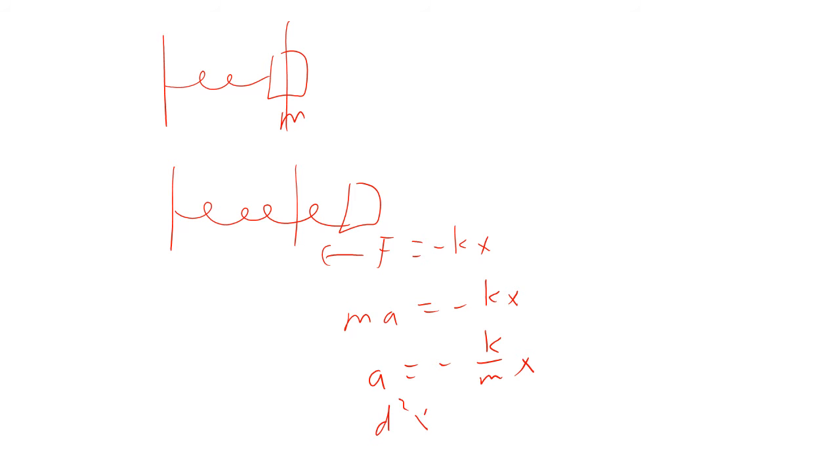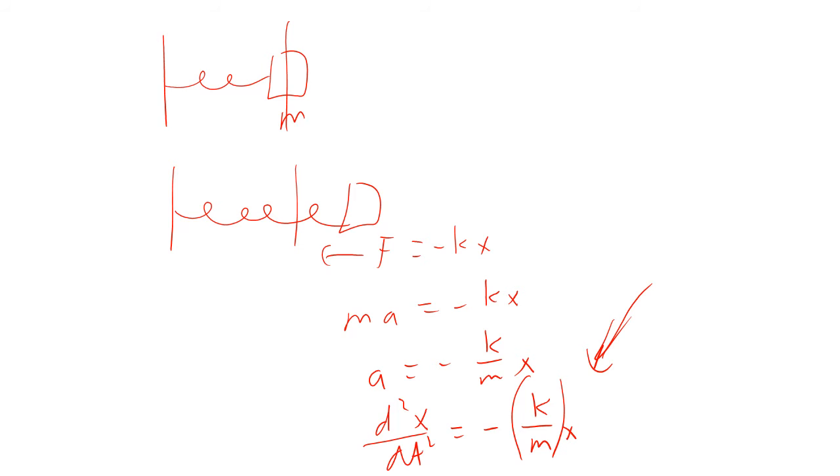So the second derivative of x with respect to time equals minus k over m times x. That's the harmonic oscillator equation, and that's pretty much the same equation we have. Instead of x, we have q, and these are just constants. So the equation for the charge is a harmonic oscillator equation, and the charge will simply oscillate back and forth.